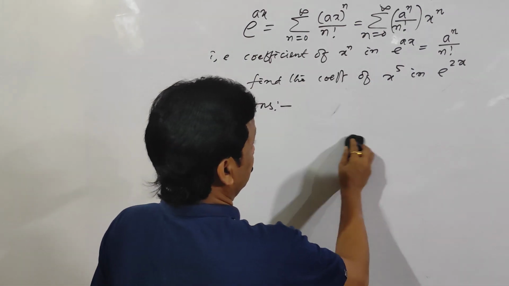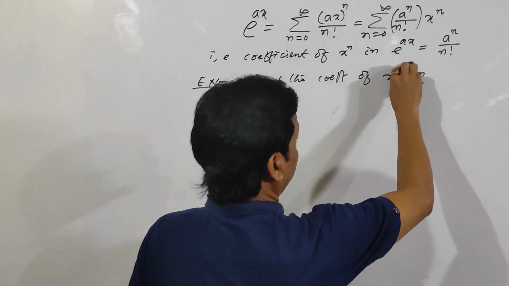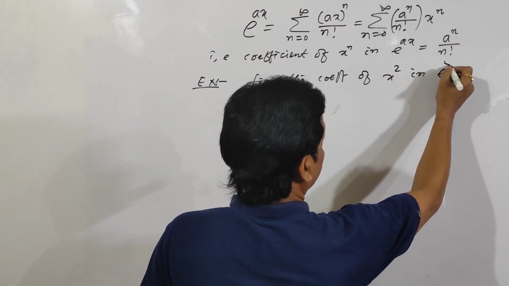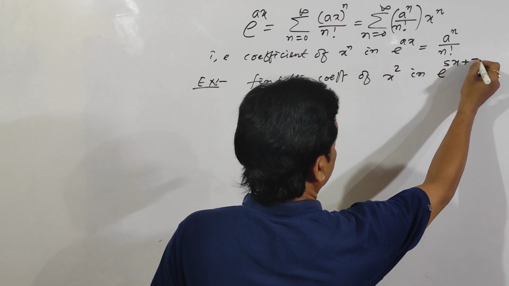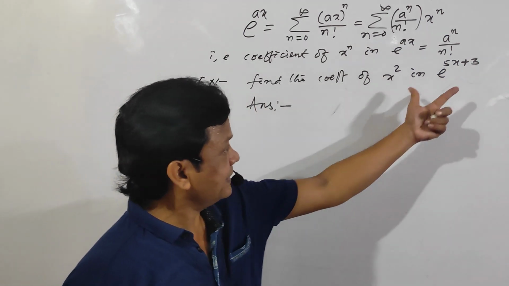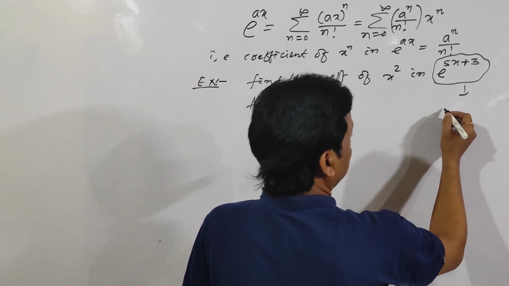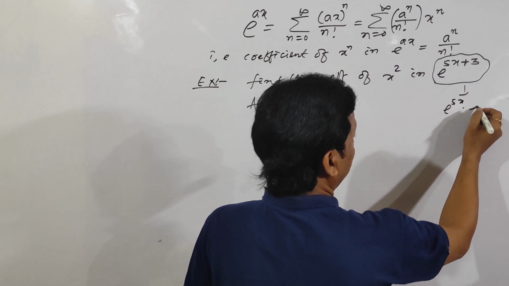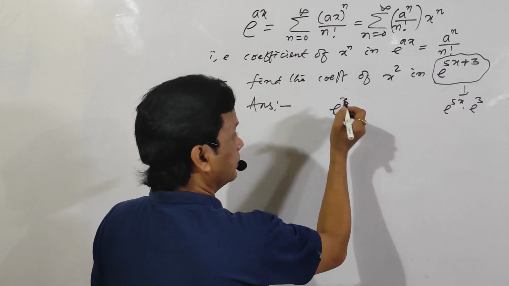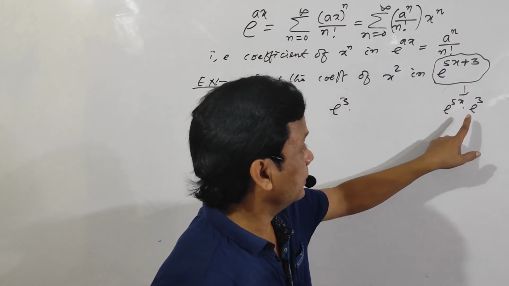Then another question. Find the coefficient of x to the power 2 in e to the power 5x plus 3. Clear? And this can be written as, see here, very interesting. This term can be written as e to the power 5x into e to the power 3. So e to the power 3 is a constant. There is no x in it.